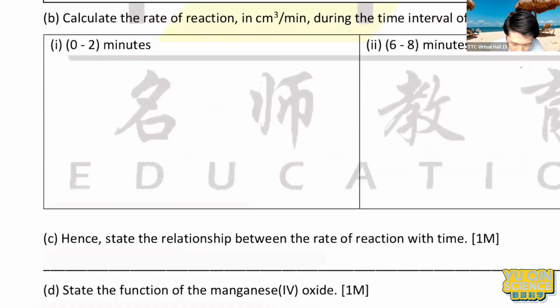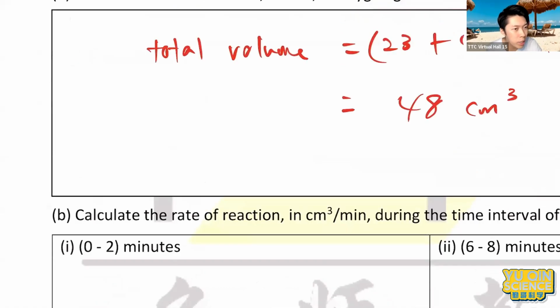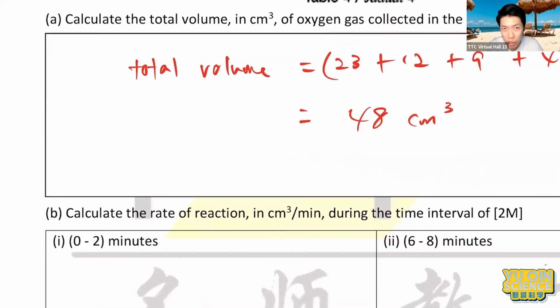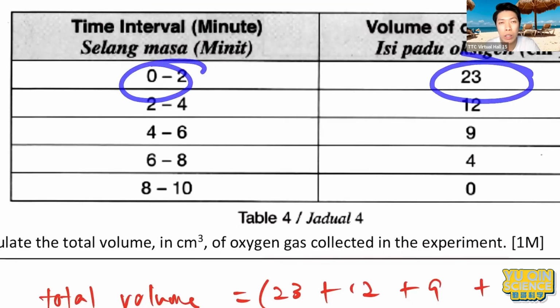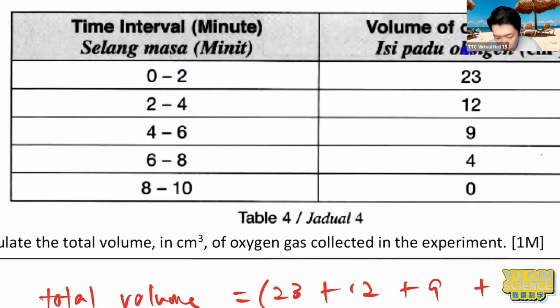Okay. So 0 to 2 minutes, the formula is change in the volume of gas divided by total time. Change in the volume of gas: the first 2 minutes, the volume is from 0 to 23, right? So the difference is 23.